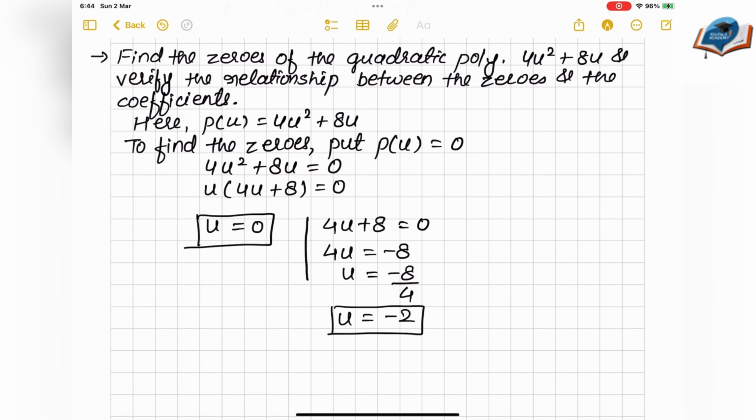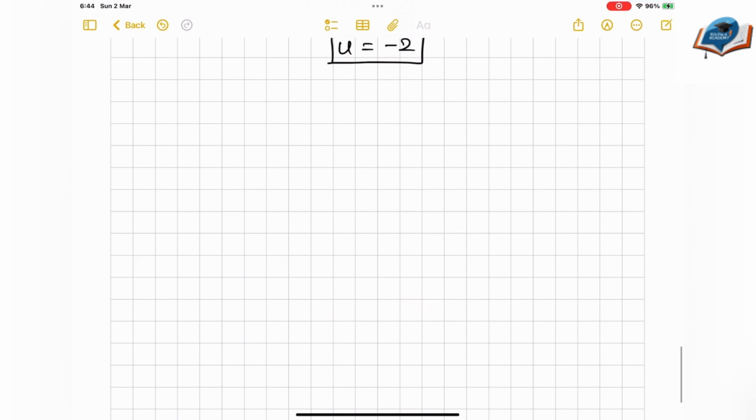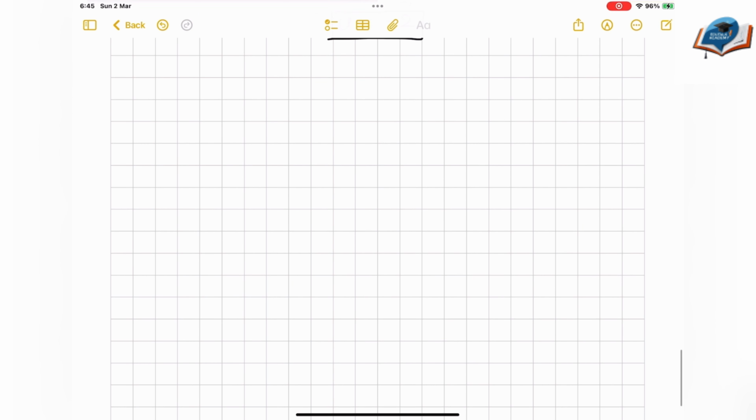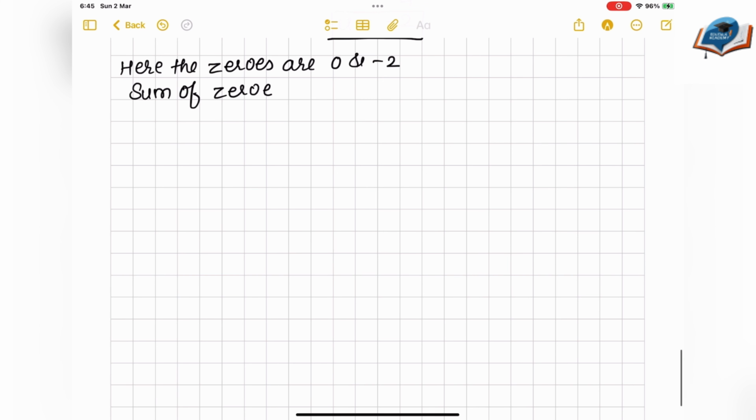Now let us check the relationship between the zeros and coefficient. So here the zeros are 0 and minus 2. So sum of zeros equal to 0 plus minus 2.